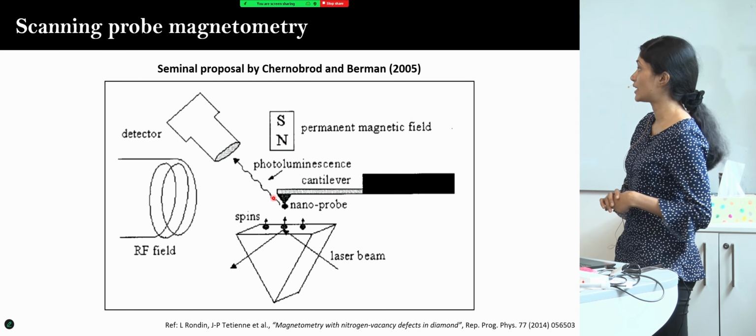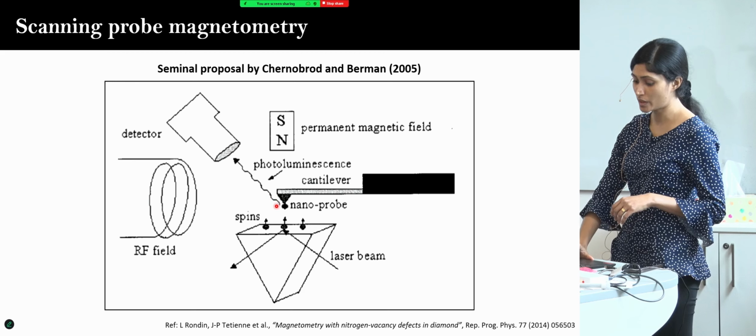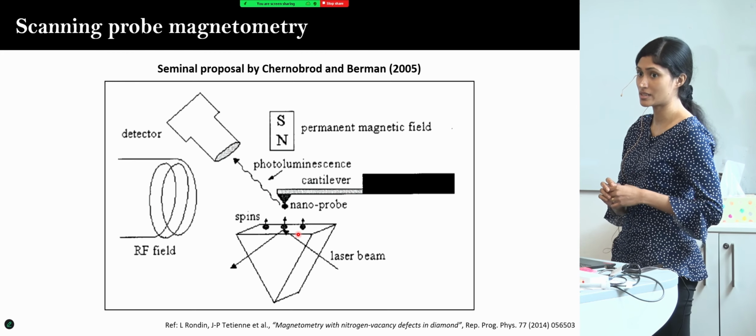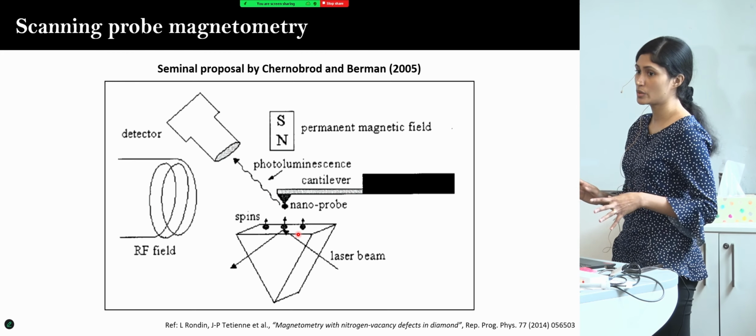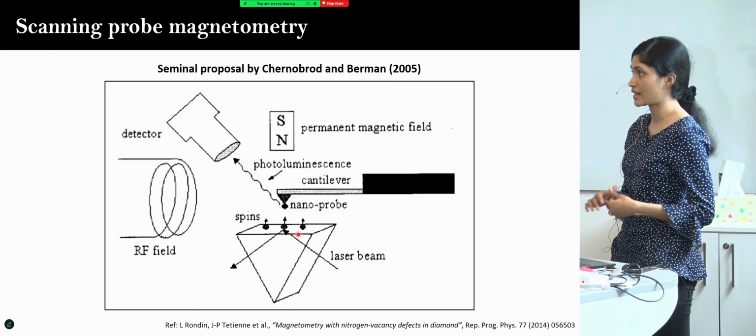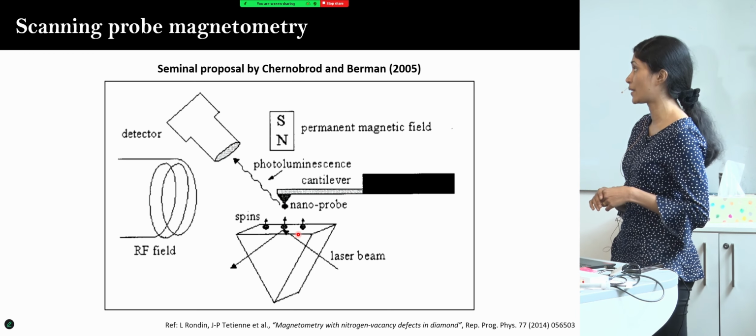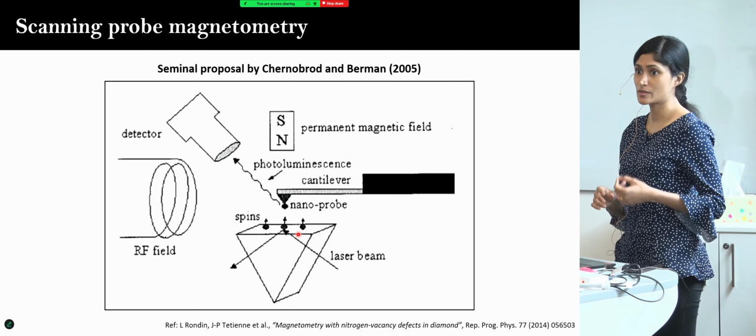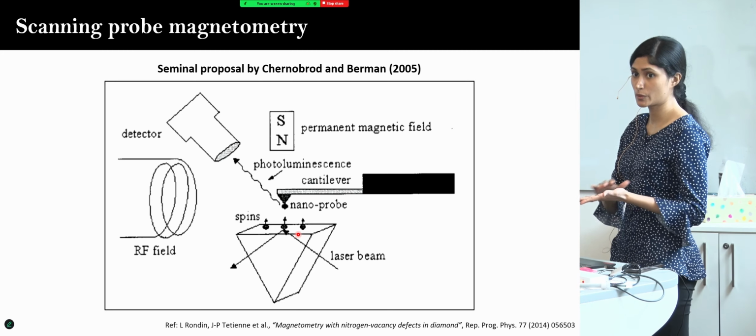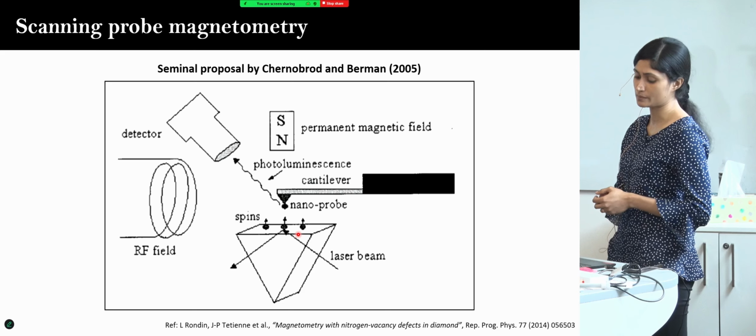So if we could have a setup like this, they said it could go extremely close to tiny magnetic samples and do high resolution scans and measurements of things like different ferromagnetic materials, single spins, proteins, molecules, and whatever you could put on a slide and take the magnetic probe to.